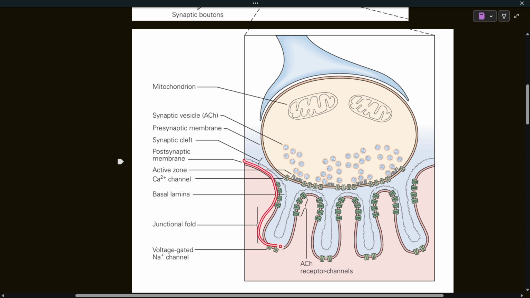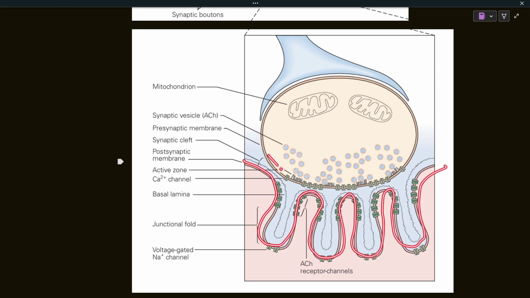The postsynaptic membrane is a part of the muscle fiber, while the presynaptic membrane is part of the nerve end, the axon terminal. Sometimes the postsynaptic membrane could be part of endocrine cells, or part of another neuron, such as the dendrite, the branches of the cell body. Here it is part of the muscle fiber.